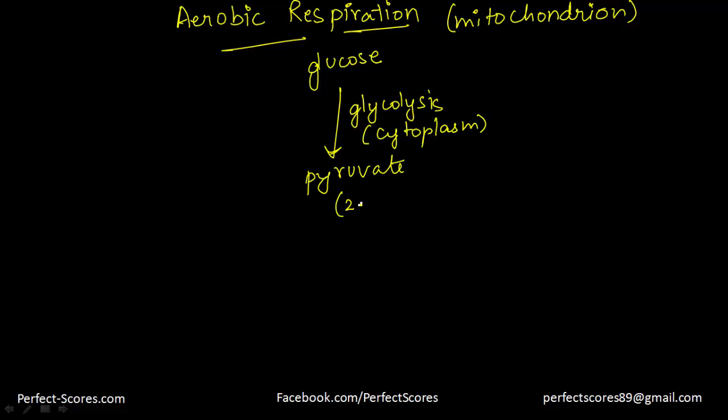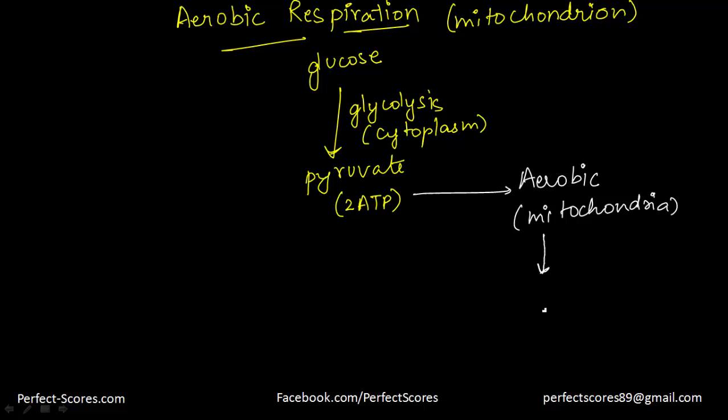This pyruvate is produced along with 2 ATP molecules. When aerobic respiration takes place, that takes place in the mitochondria, and the result of aerobic respiration is carbon dioxide and water, along with 36 to 38 molecules of ATP being produced.